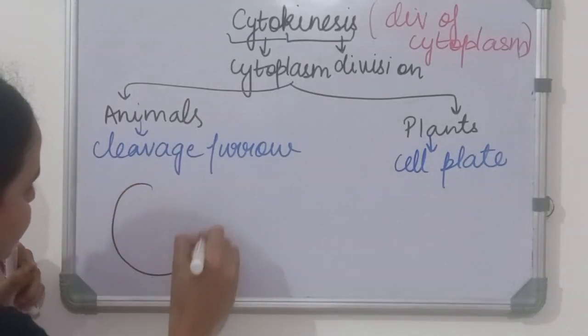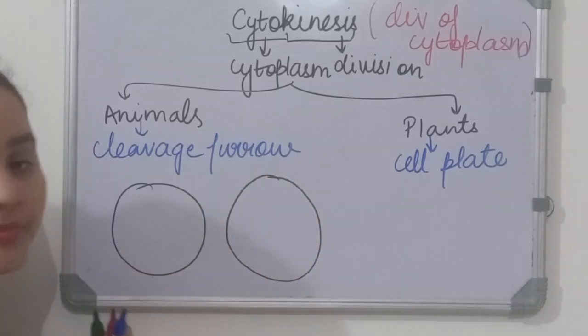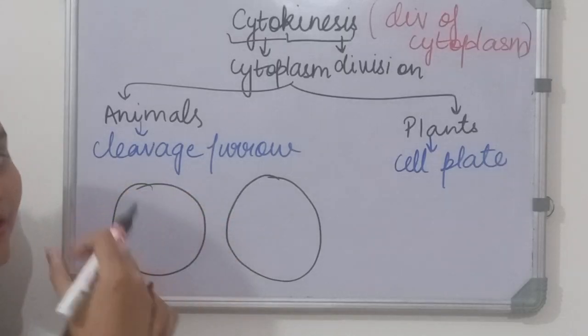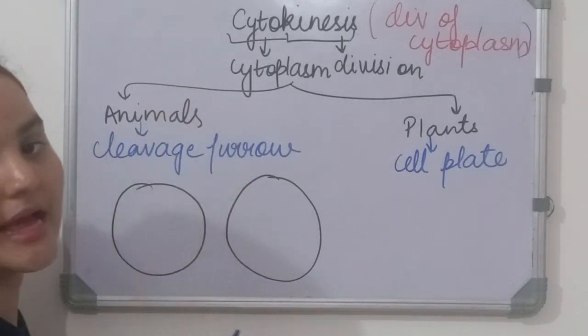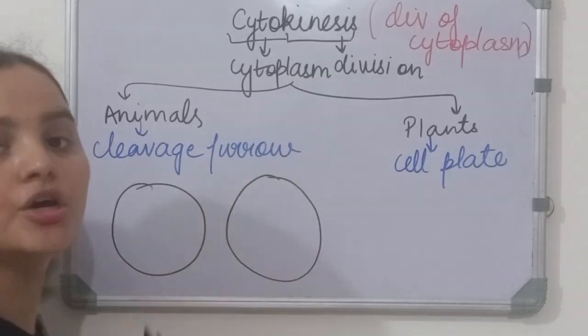So these are the two cells. In the telophase these two cells were attached and a furrow was deepening, and that furrow deepened and separated the two cells.